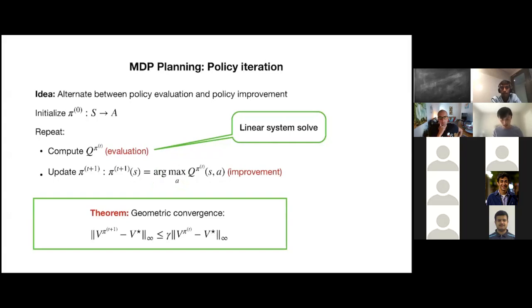Basically, the difference between the value of pi t plus 1 and the optimal policy's value will be smaller than the difference between the previous policy's value and the optimal policy's value, by the discount factor. The convergence rate is again related to gamma, so you converge at the rate of gamma to the power of t.